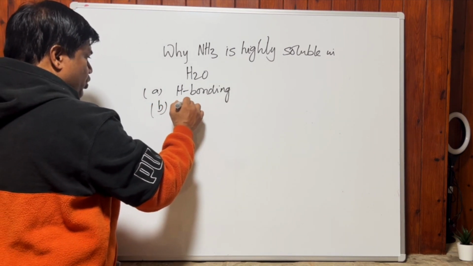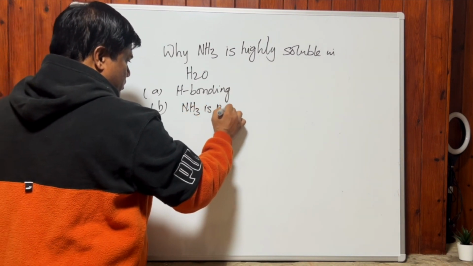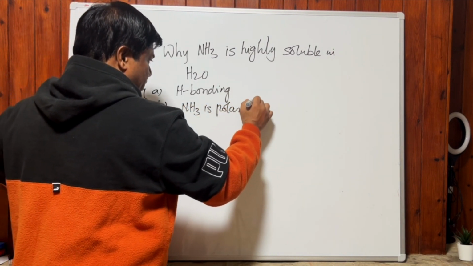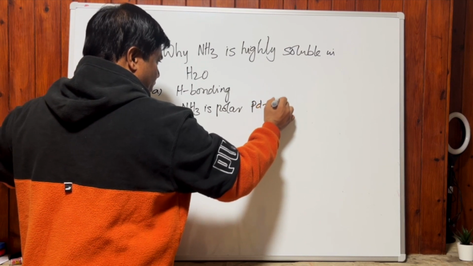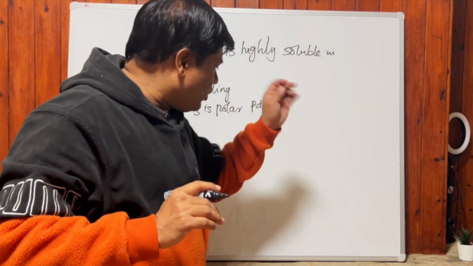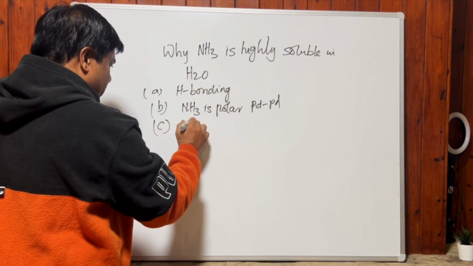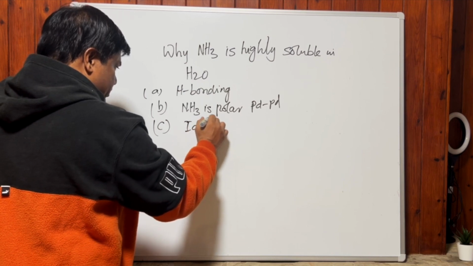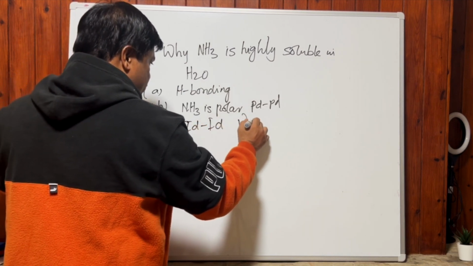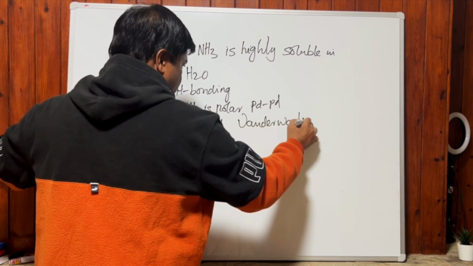Second, ammonia is polar, NH3 is polar, so it has PD, permanent dipole. And lastly, each molecule has van der Waals force of attraction, that is ID, which is also called van der Waals force of attraction.